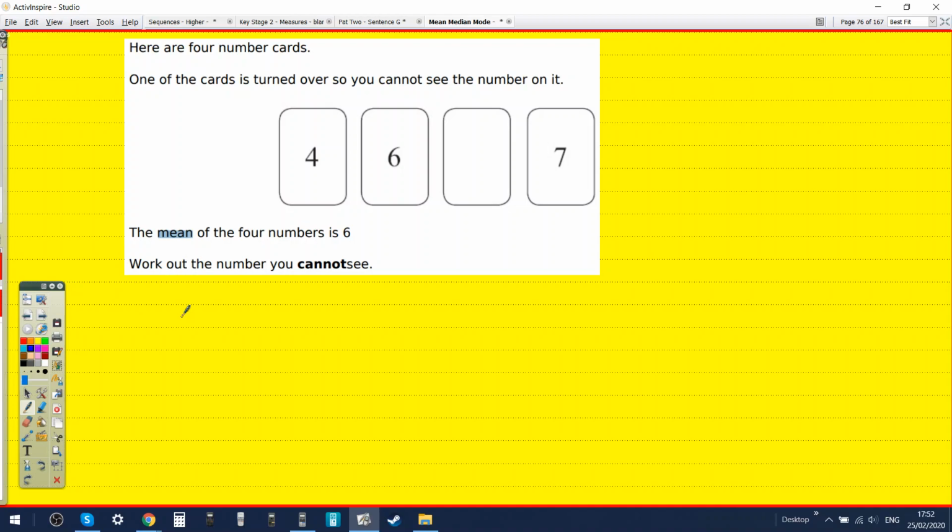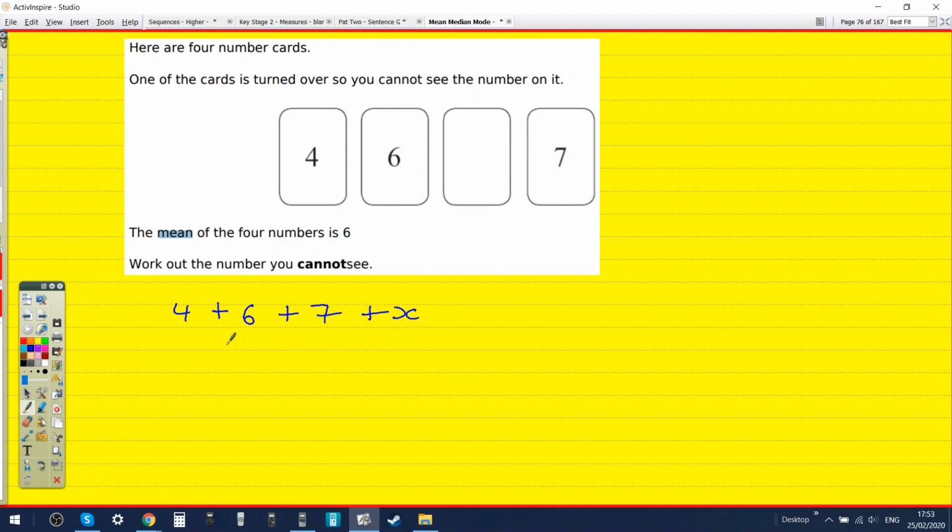So you have to add it all. So 4 add 6 add 7 and then x. Well done. And so the mean is 6.